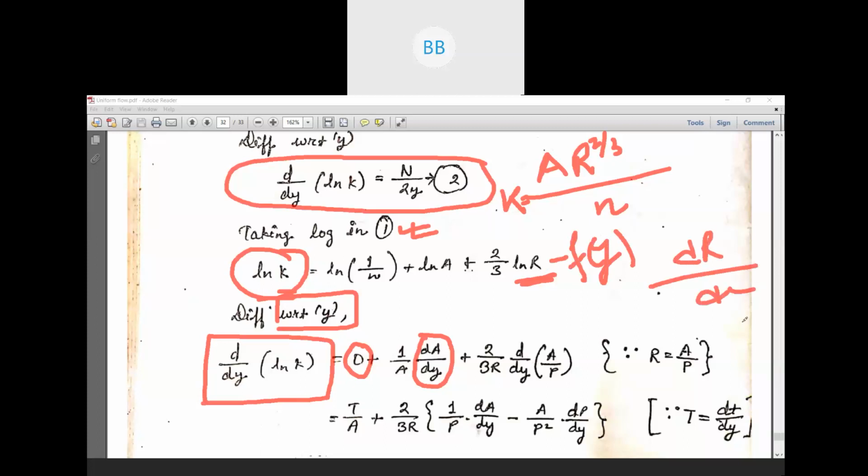Here in place of R, we have directly substituted A by P, to reduce the steps. The next line will be 1 by A dA by dy. We have already discussed that we can write dA by dy as top width. So that is why top width T by area plus 2 by 3R.